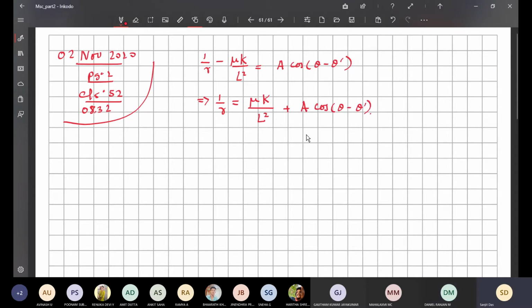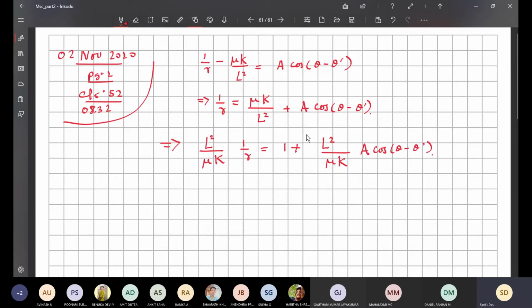Now if I do all these things, if I multiply both sides by L square by mu K and do the algebra, let me do it. Multiply this by L square by mu K, both sides. On the left hand side I have multiplied; on the right hand side, the first term will be 1, the second term will be L square by mu capital K times a cosine theta minus theta prime.